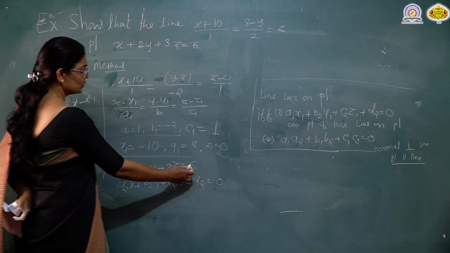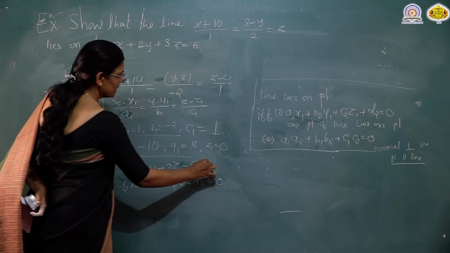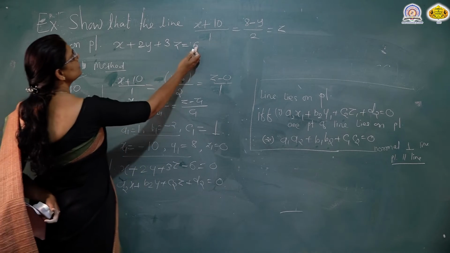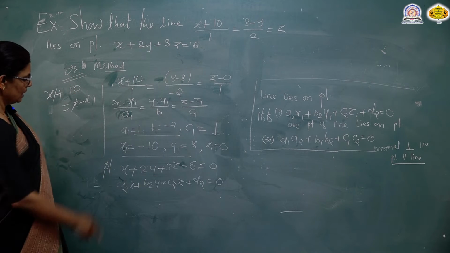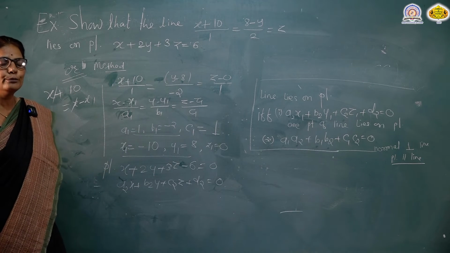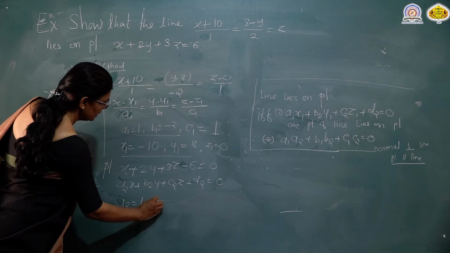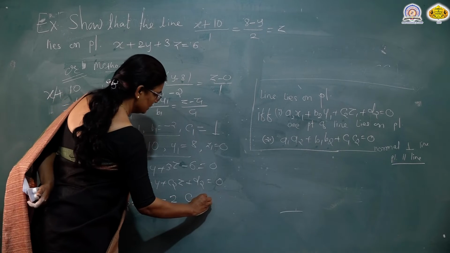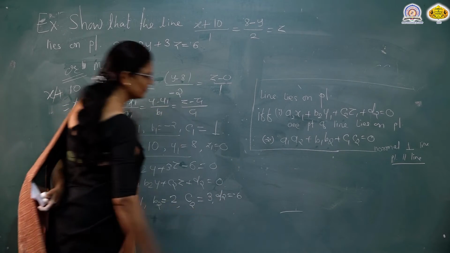You can rewrite this by shifting 6 to the other side, so it becomes minus 6 equals to 0. Now compare and find the values of a2, b2, c2. So a2 is 1, b2 is 2, c2 is 3, and d2 is minus 6.